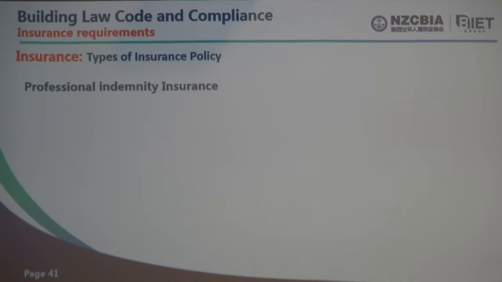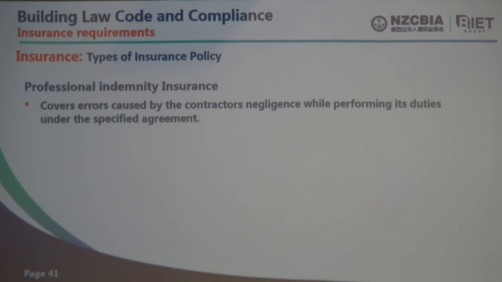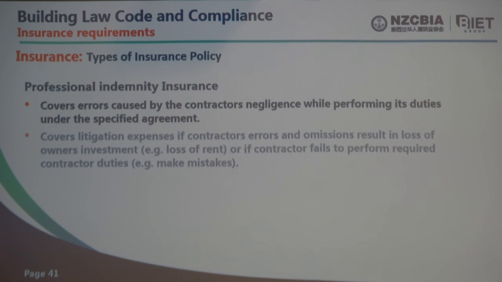So architects, engineers will always have professional indemnity insurance. And what is it? It just simply covers errors and negligence by consultants or contractors. So if you make a genuine mistake, it can be covered by professional indemnity insurance.